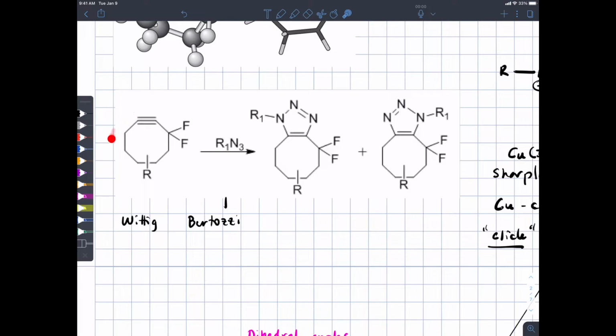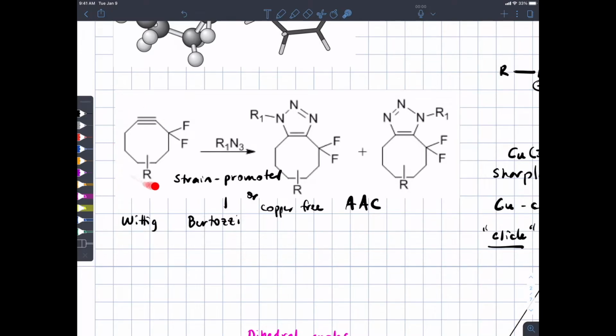But when you bring this strained ring into the presence of an azide, the relief of that ring strain, turning these carbons from sp hybridized to sp2 with a sort of cis double bond, that strain relief is enough to drive the reaction, and it actually works quite well. So this is called the strain promoted or copper-free azide alkyne cycloaddition.